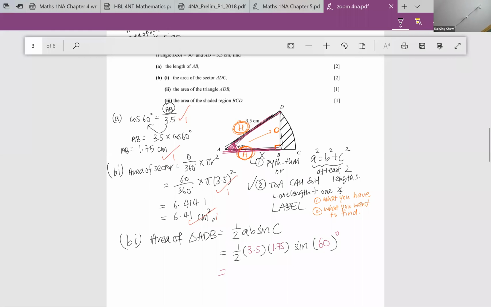Every time you type in the calculator involving sine, cosine, always ensure that it's in degree mode, just in case you change it to radian and then you get it wrong, okay? So it's 2.6522 cm squared. 2.65 cm squared, 3SF.